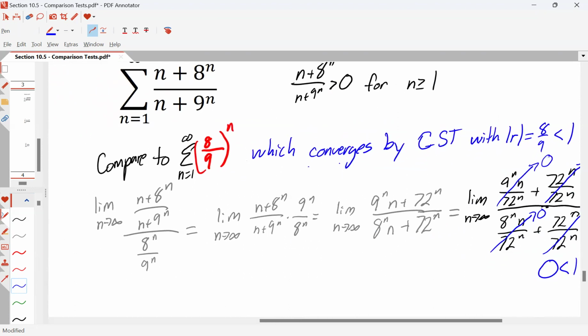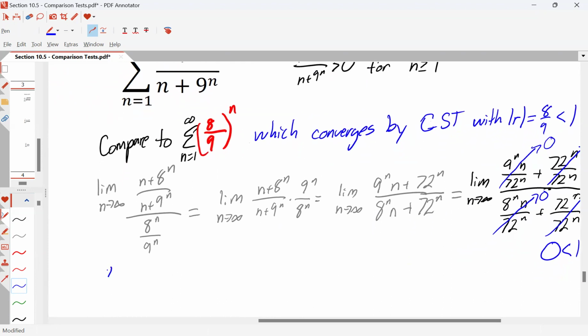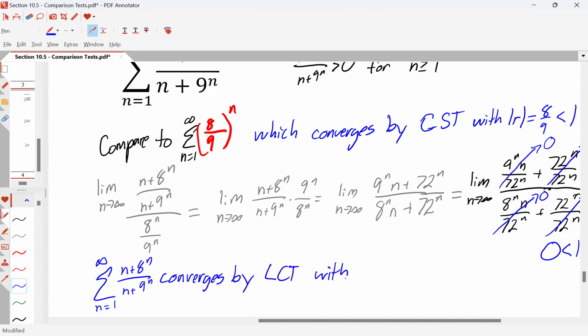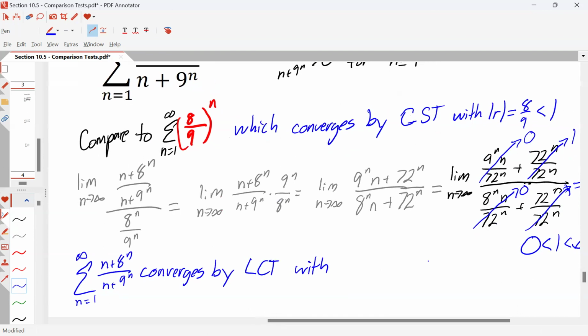So what we compared it to converged, meaning the series n plus 8 to the n over n plus 9 to the n from n equals 1 to infinity converges by the limit comparison test, since the series n equals 1 to infinity of 8/9 to the n converges.